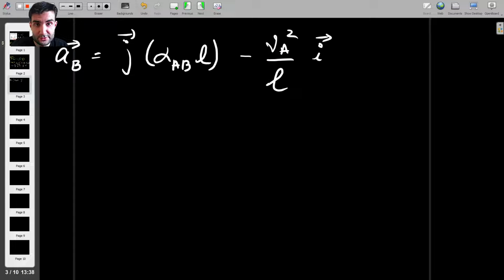Okay, so this is the acceleration of B. Now, this expression by itself doesn't really help us that much because we don't know what this alpha AB is. So we have to do something more.